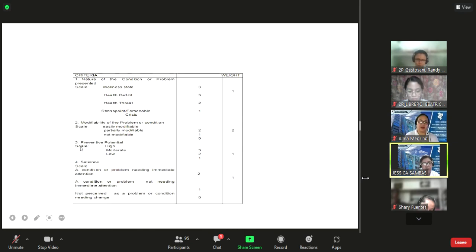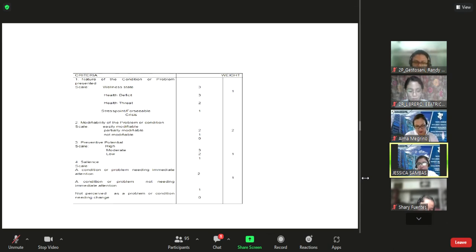For preventive potential, high ang preventive potential if we can do something about it, we can prevent the consequences that may happen. Okay? Kung mahimuan og intervention. Now, pwede rin ay moderate lang, considering those factors. Okay? The gravity of the problem, the duration of the problem, or ma'am, baba yun ato ang preventive potential.